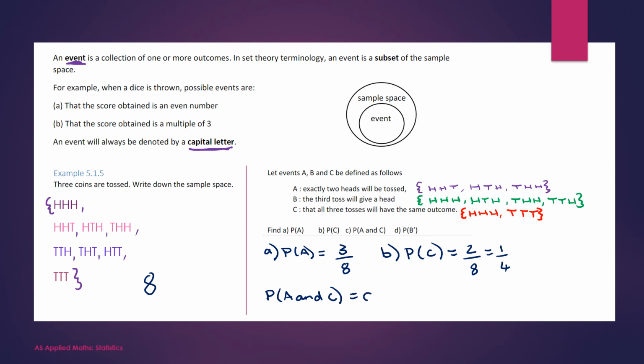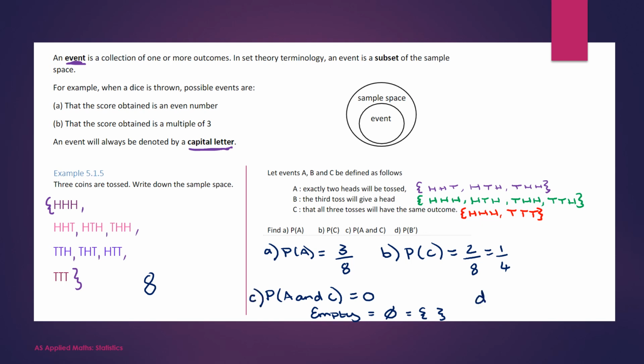So the answer to that probability is 0. If I'm talking about the empty set, you will come across the notation either like that, or you can use brackets with nothing written inside. Okay, so that was C.